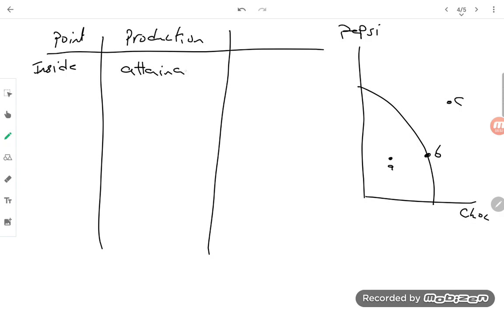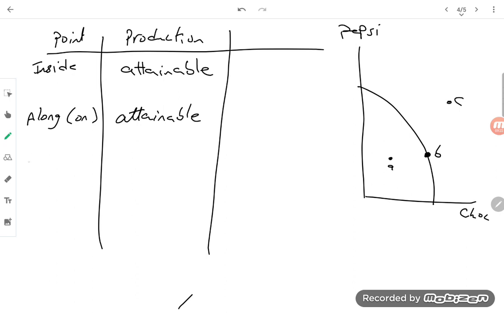Attainable means that you have enough resources to produce. What about point B? Point B is along the curve or on the curve. So a point along or on the curve is attainable. You have enough resources to produce, and this is the maximum amount that can be produced using the available resources.